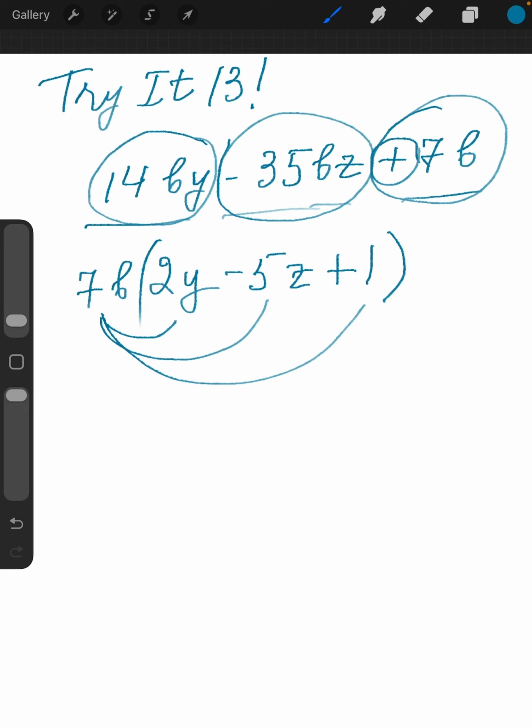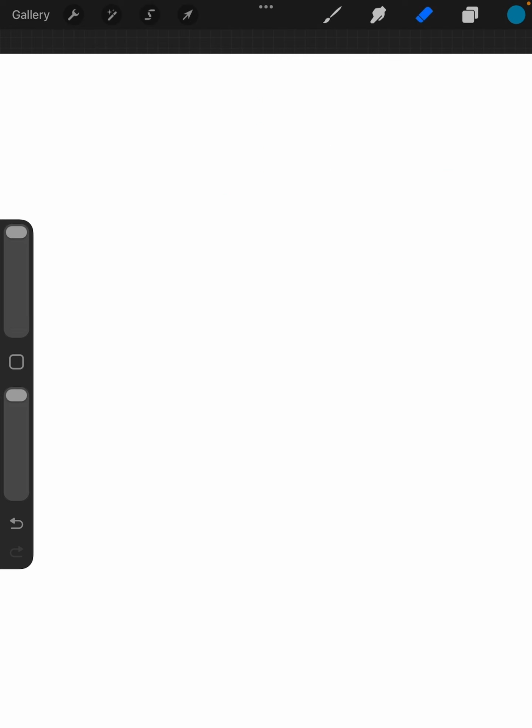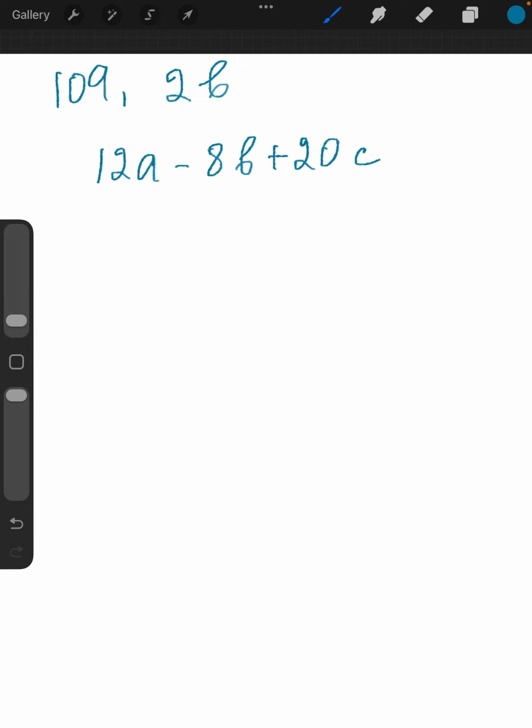Let's go to page 109. I'm gonna erase this. Page 109, we're going to do exercise 2b, just to give you another example of this process. Exercise 2b says 12a minus 8b plus 20c.